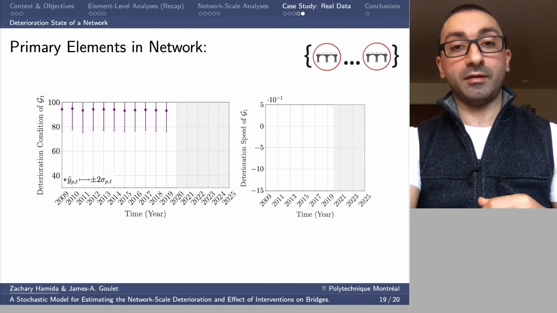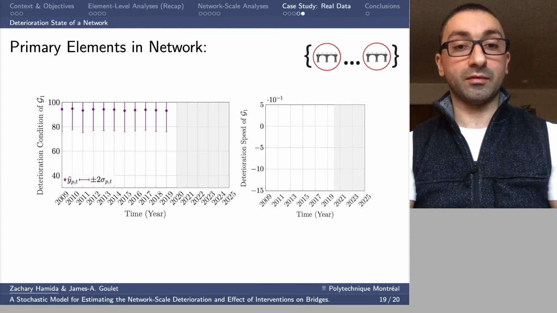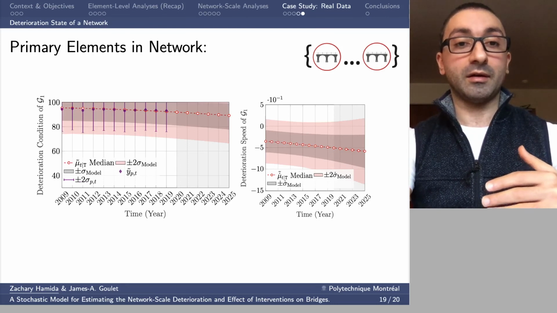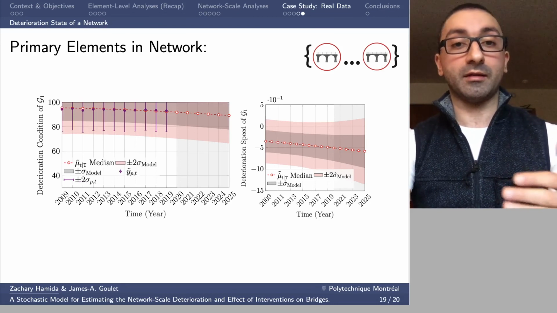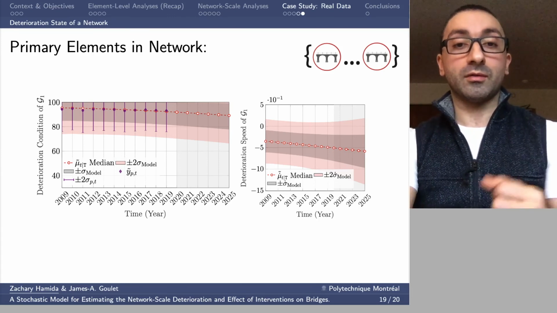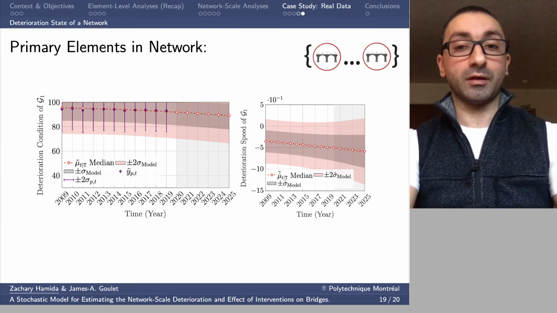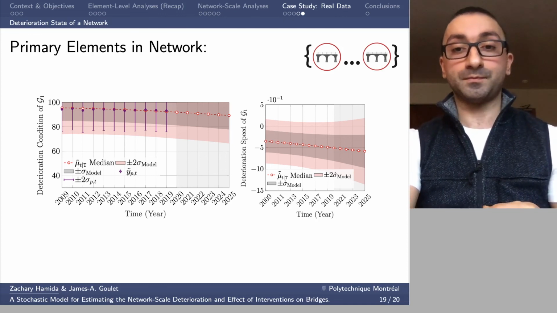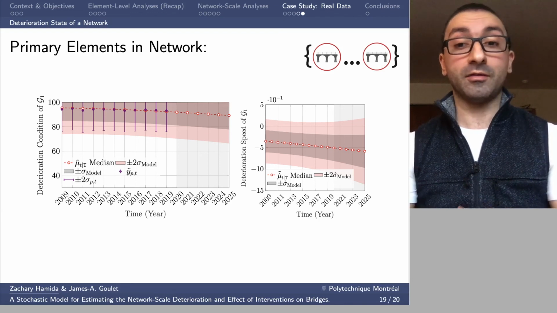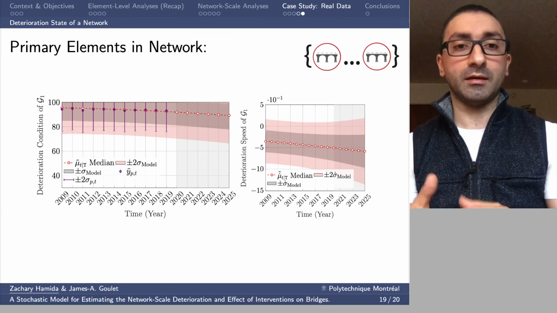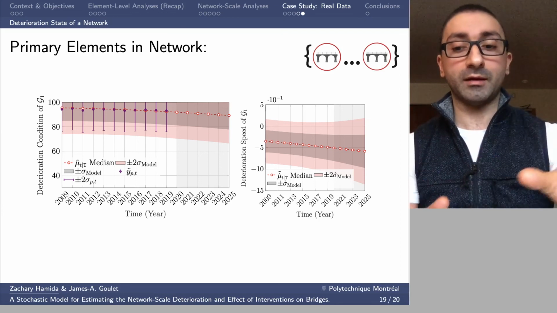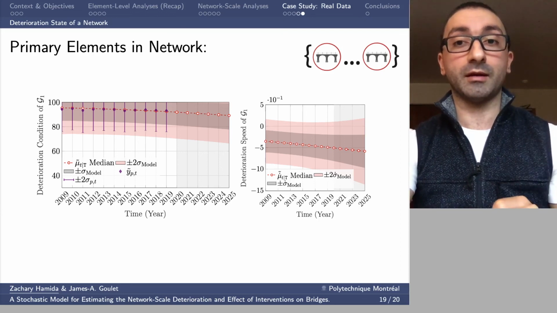So this is the overall for the network. Now, the deterioration condition estimate is shown in the red dashed line, with the confidence interval around this estimate, for the condition and the speed as well. Further interpretation of these results and further analysis can be found in the paper, but this is really to highlight one type of possible analysis that we can do.